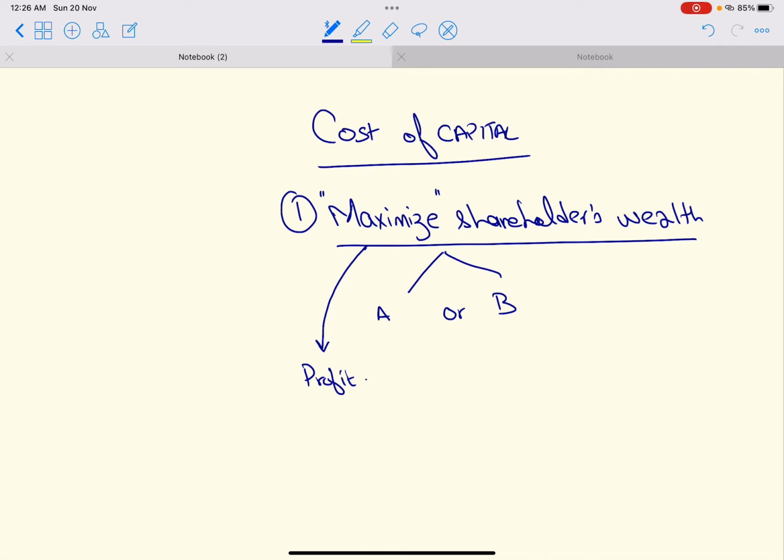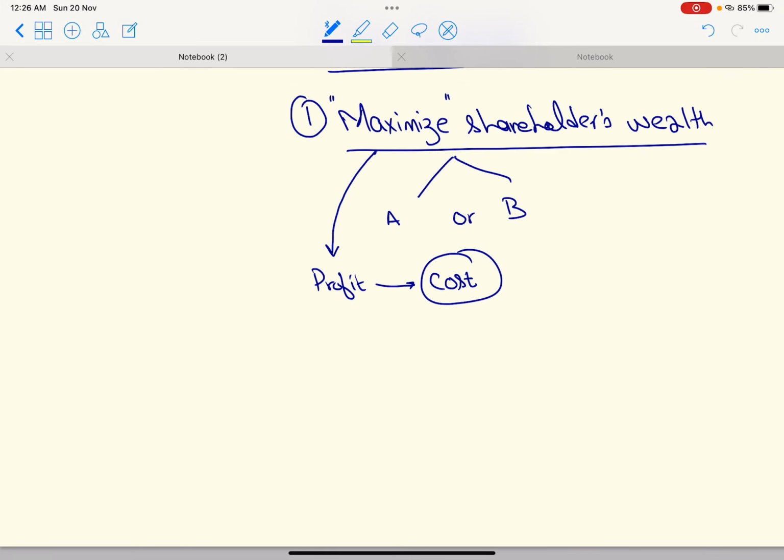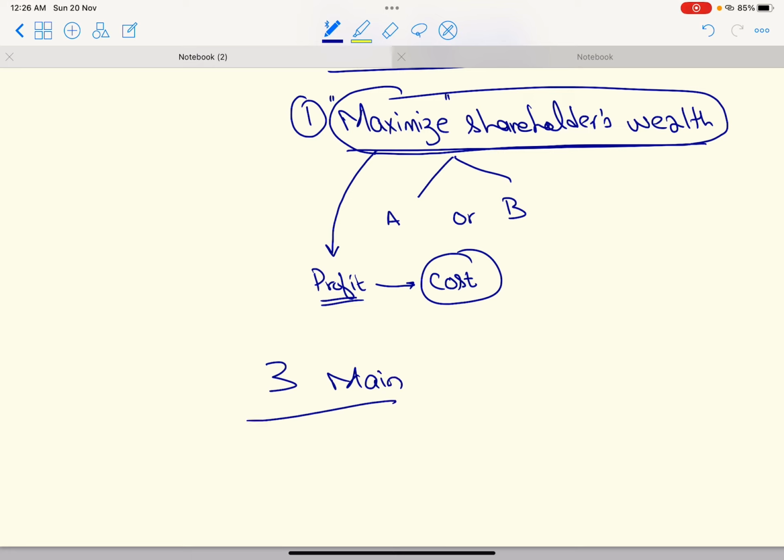But we cannot compute profit without computation of cost. Until we understand what the cost is, we cannot tell if it is actually maximizing shareholders' wealth or not. So, usually there are three main decisions any manager has to make in his professional life or for the company.